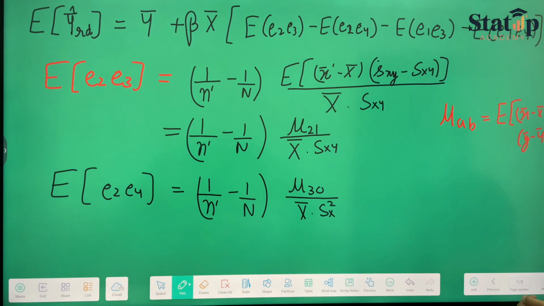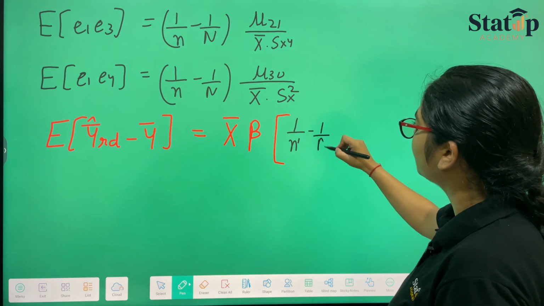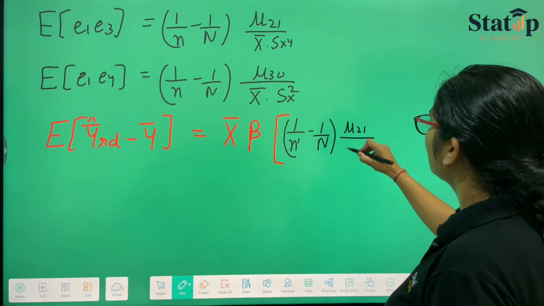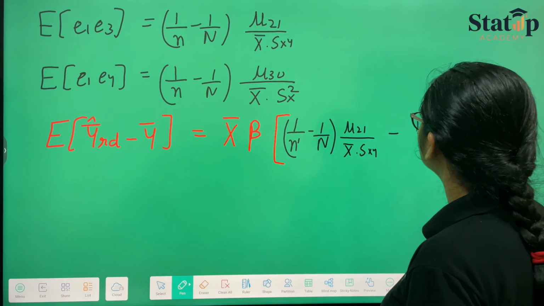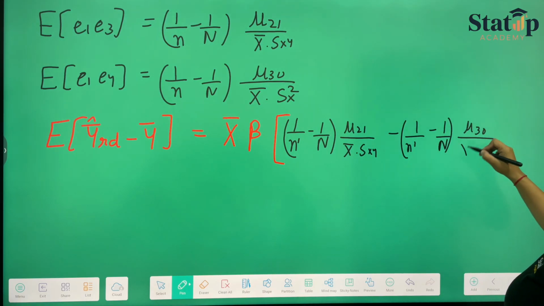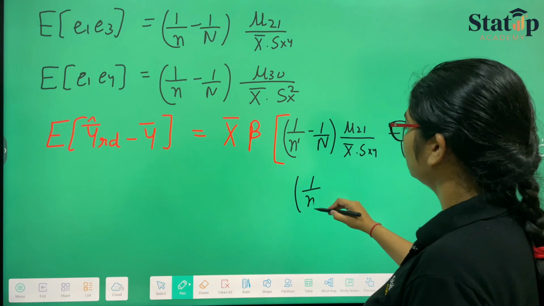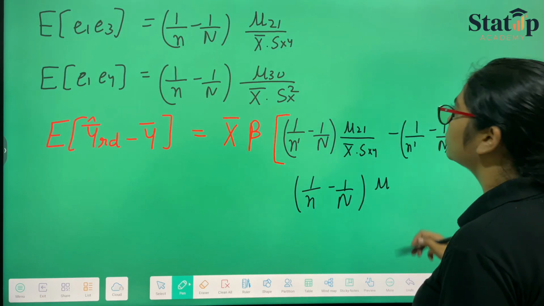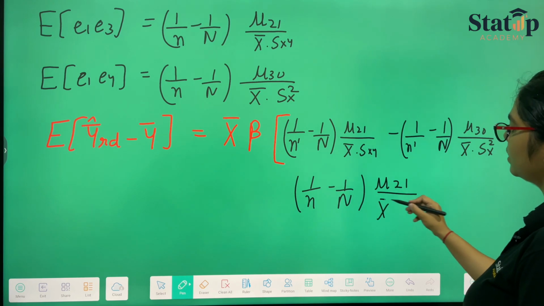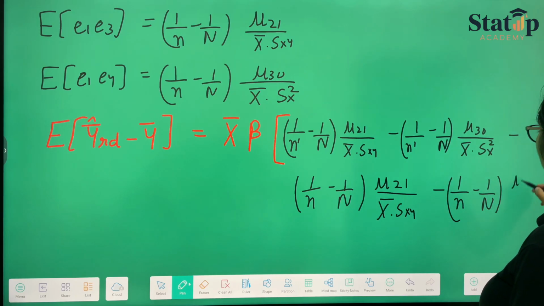We will take the values: 1 upon n prime minus 1 upon capital N mu 21 upon x bar into sxy, minus 1 upon n prime minus 1 upon capital N into mu 30 upon x bar into sx square, minus 1 upon n minus 1 upon capital N mu 21 upon x bar into Sxy, minus 1 upon n minus 1 upon capital N mu 30 upon x bar Sx square.